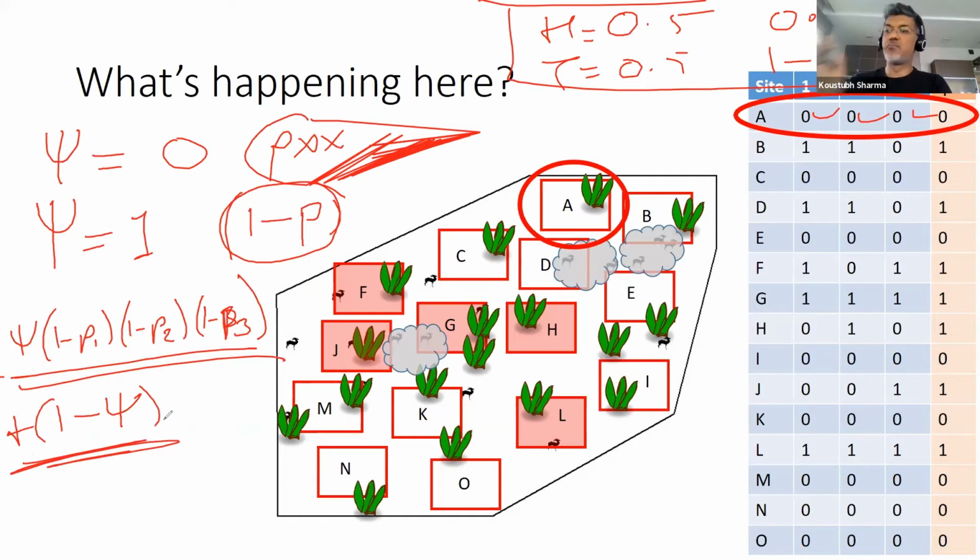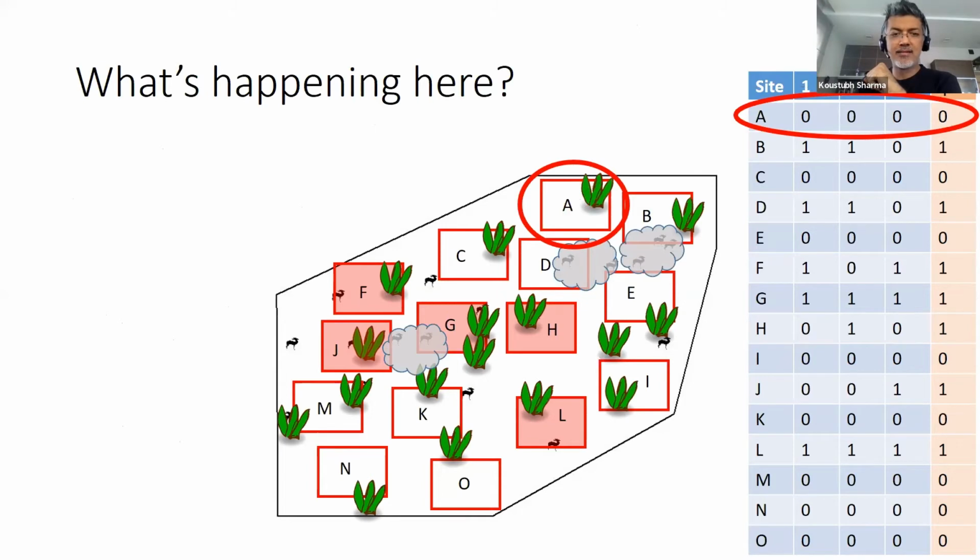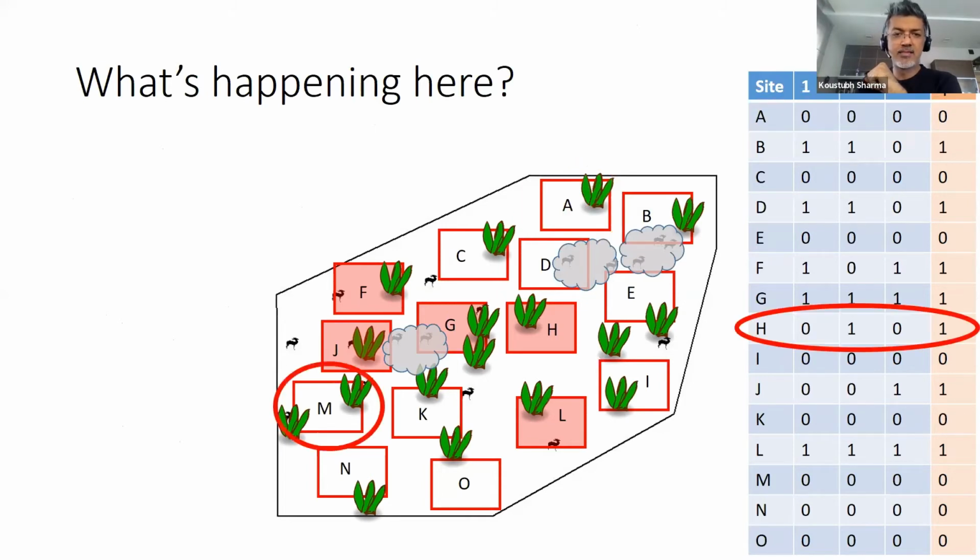The probability of a species being in the cell A is psi, and the probability of a species being absent from A is 1 minus psi. Everything is being dealt with in probabilistic terms here, right? So that's what we are sort of, one second.